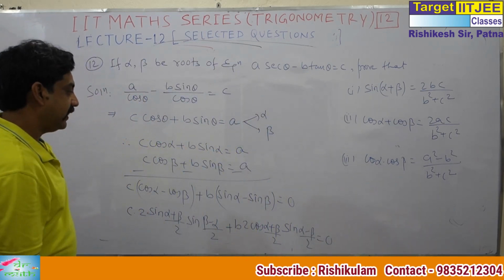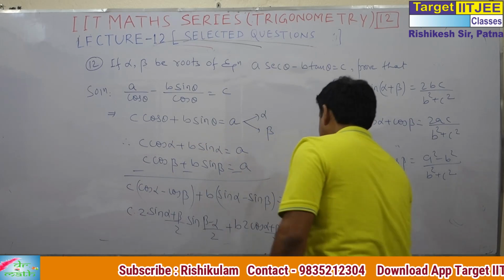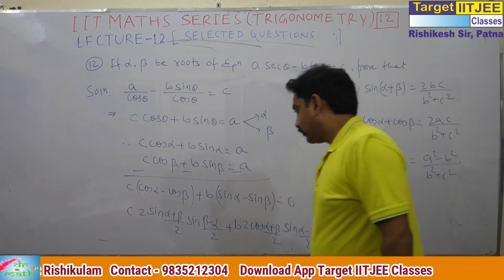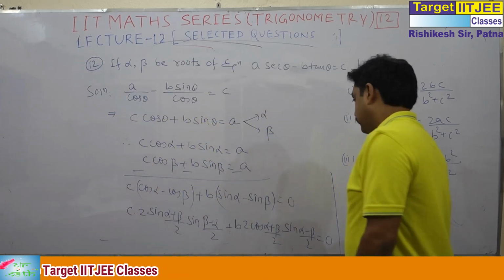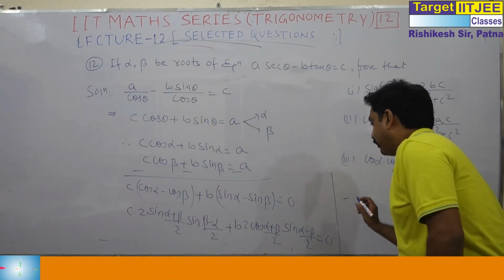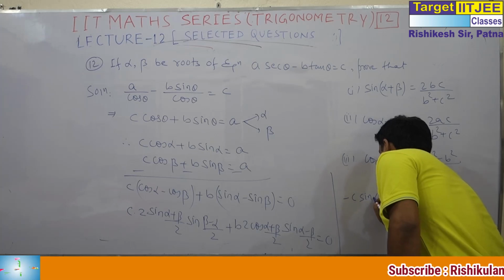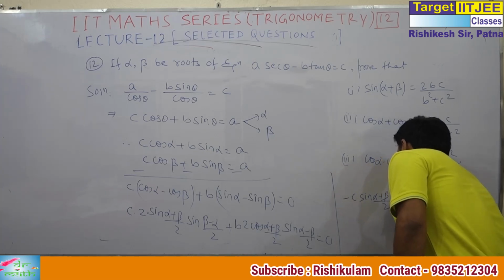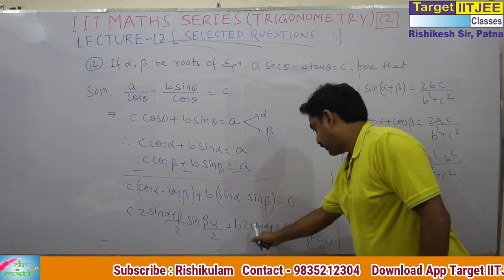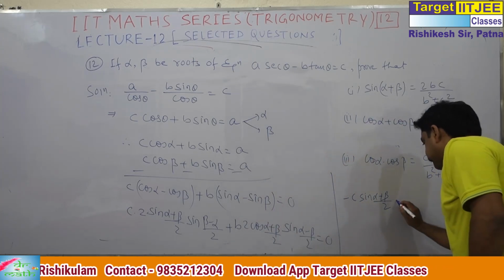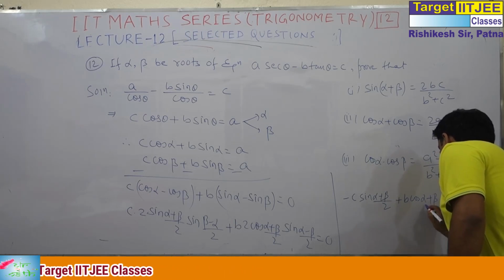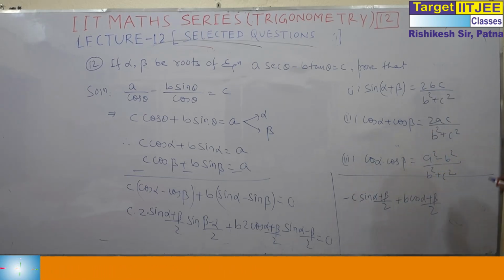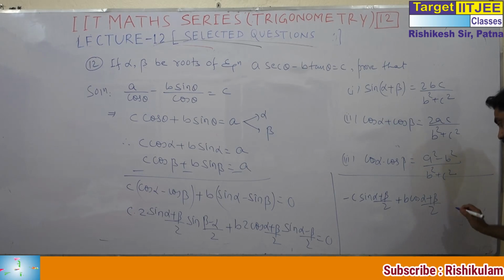When we change the side, this one will be cancelled with a minus sign. What are we left with? Minus c sin alpha plus beta by 2 plus b cos alpha plus beta by 2, this was the part of the question, is equal to 0.